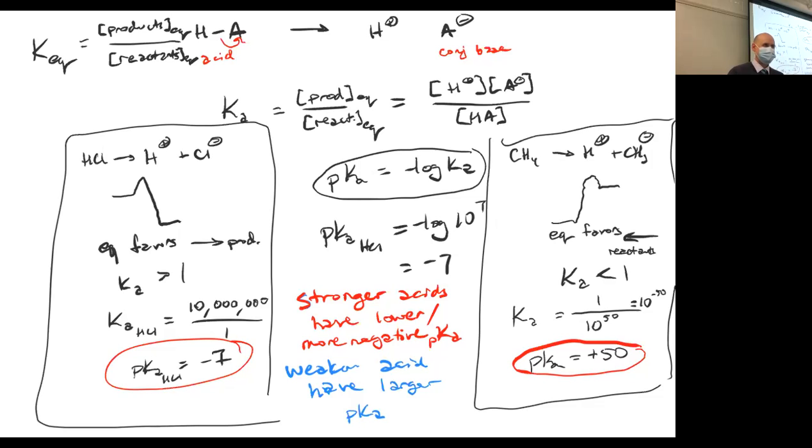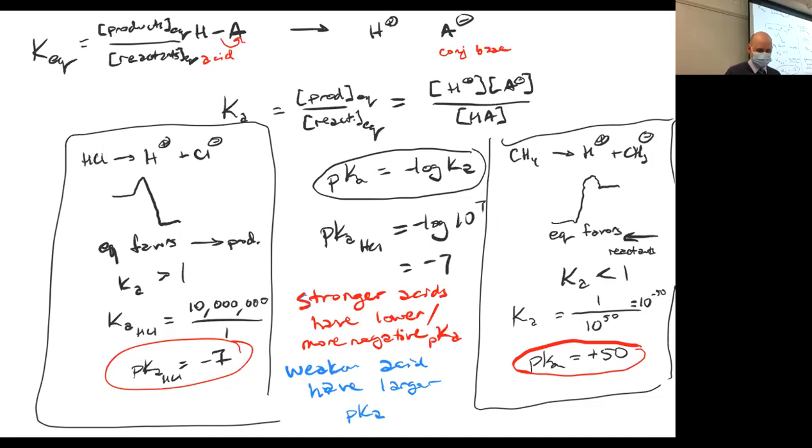So that's an astronomically large number of tiny, tiny molecules. So this one absolutely does not like to go forward. But looking at this and asking if it favors products or starting materials, you wouldn't know unless you know the equilibrium constant. That's what you're getting today.